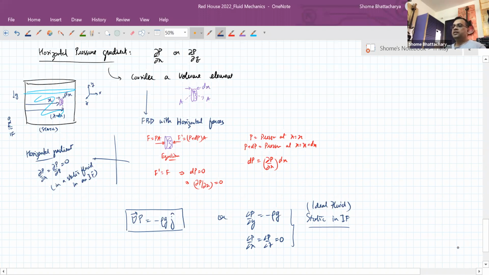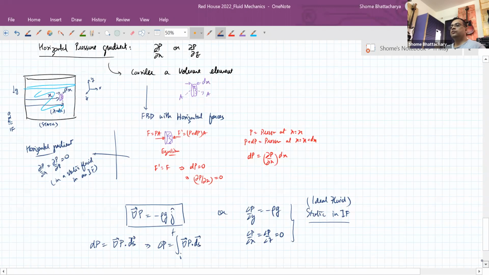So what this means is that inside a fluid body, when we consider any 2 points, okay, the difference in pressure for a small displacement is this. So the overall change in pressure between any 2 points will be the integration of this pressure gradient from the initial to the final point. Okay.